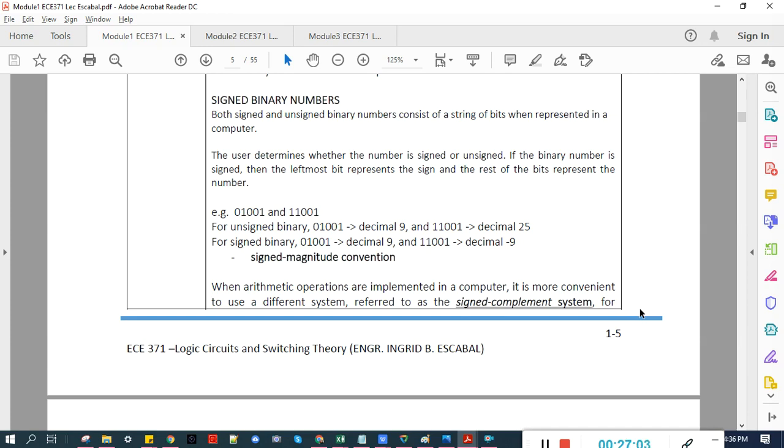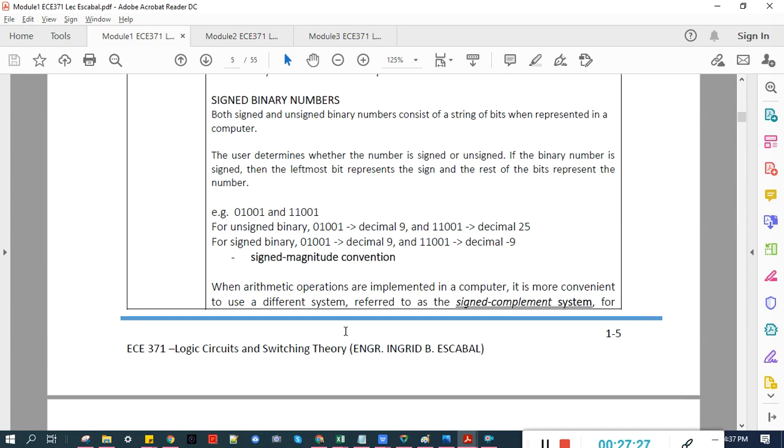If the binary number is signed, then the leftmost bit represents the sign and the rest of the bits represent the number. So it depends on the interpretation or what was set by the user, whether it was declared as signed or unsigned.